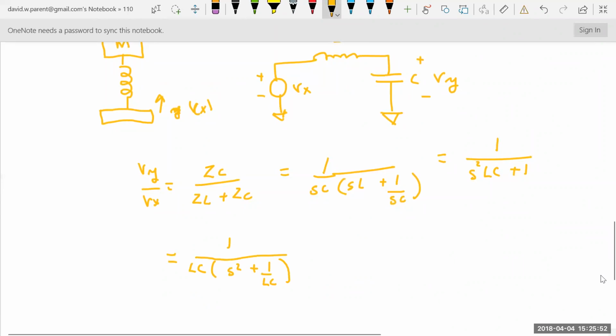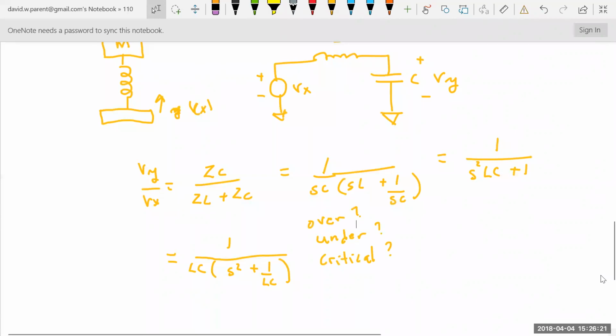All right. What is this going to do? It's a second order system. So is it over, under, critical? Well, we know all we have to do is look at this polynomial, just like with the op amp.